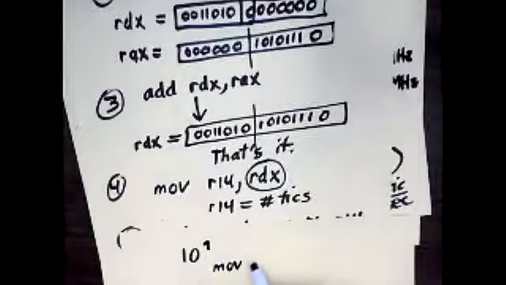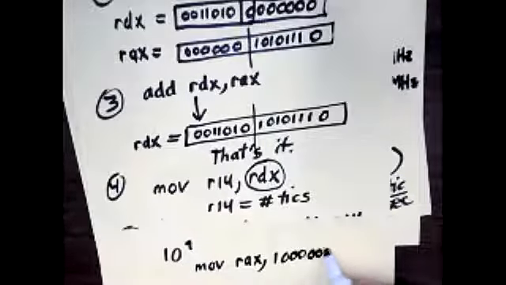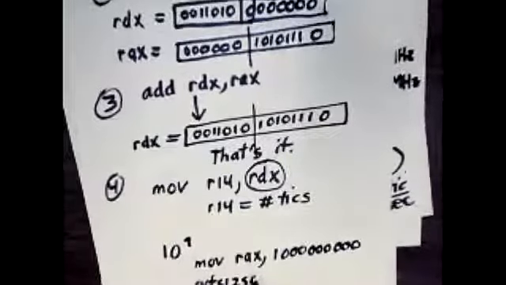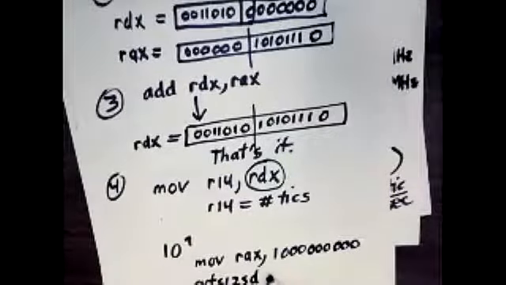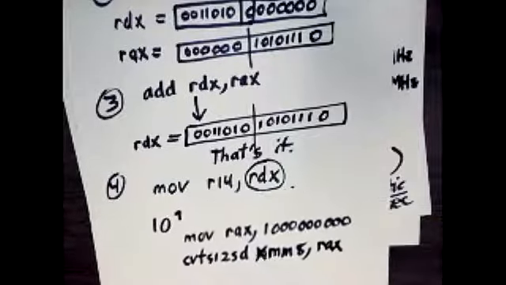Move RAX, comma, 1 billion. That's 9 zeros. And then CVTSI2SD, XMM8, RAX. So you've got 1 billion in XMM8.